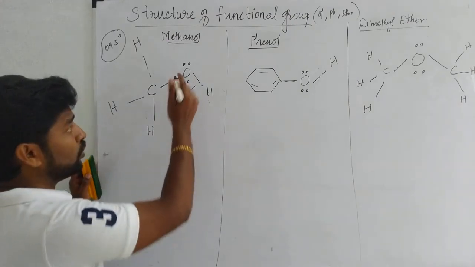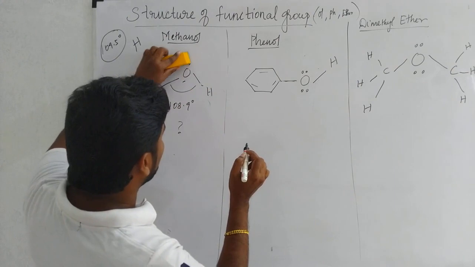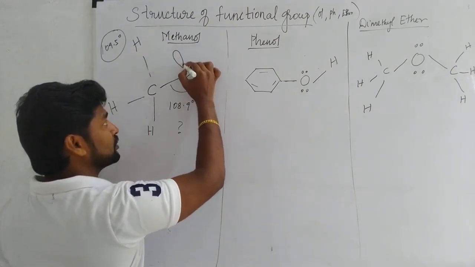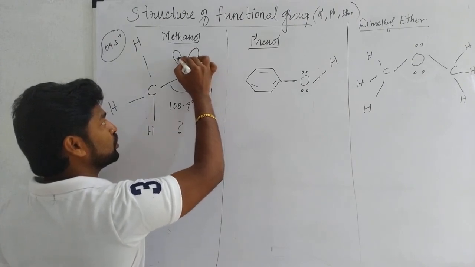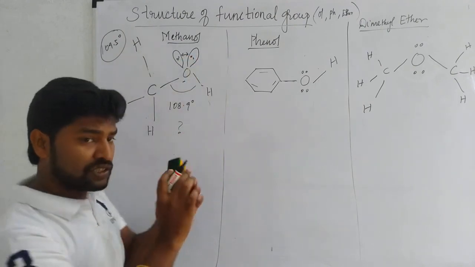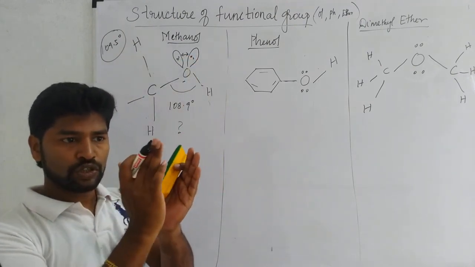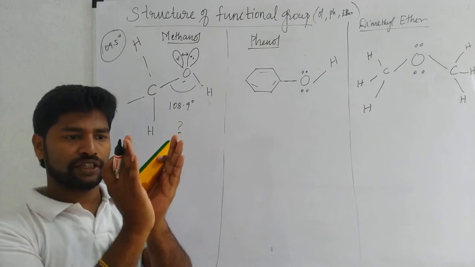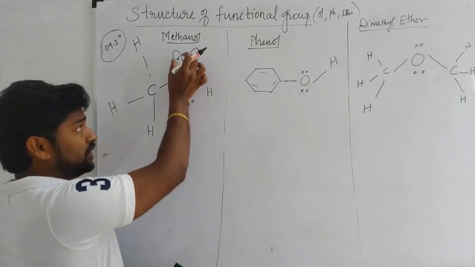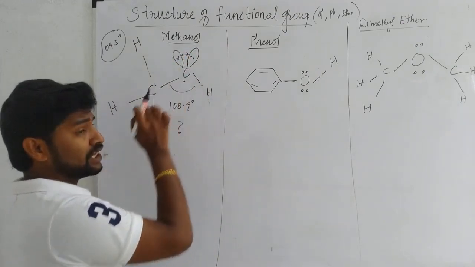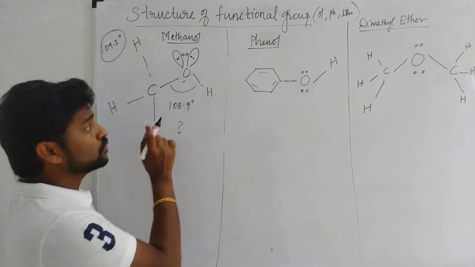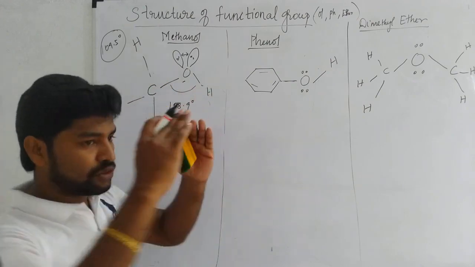So here, when we draw the structure, there are 2 lone pairs, and these lone pair electrons repel each other. When the repulsion is more, it affects the bond pair angles also. So that is the reason this was decreased.